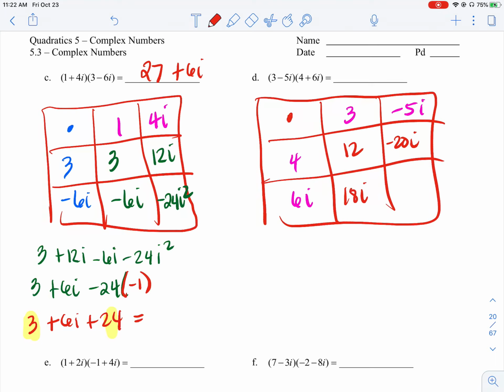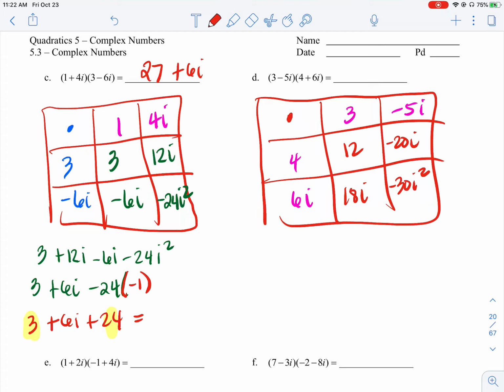Negative 5 times 6 is a negative 30i. And don't forget the squared. A lot of people always forget that negative 5i times 6i, i times i is an i squared. Okay? So let us move forward.